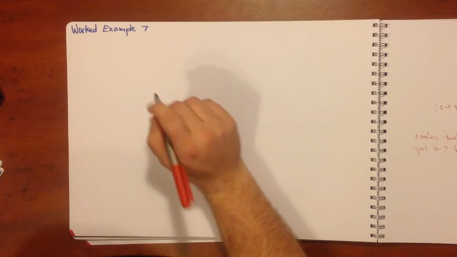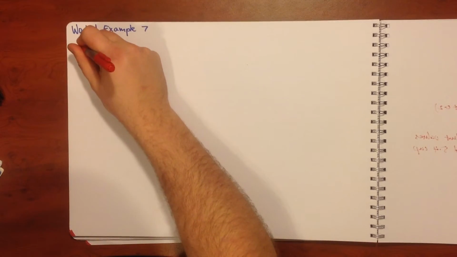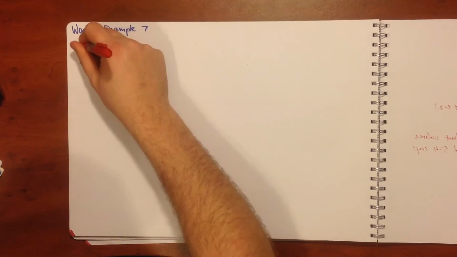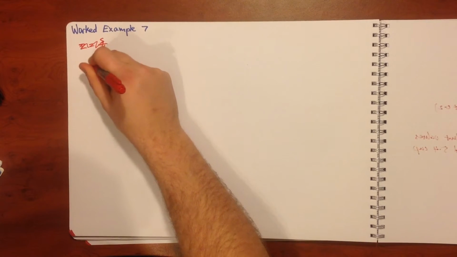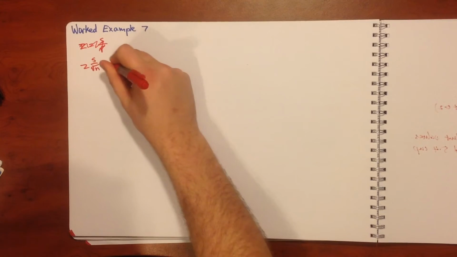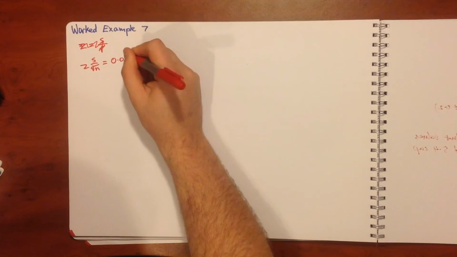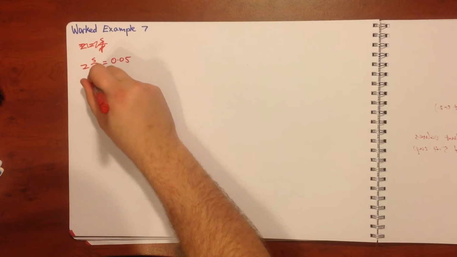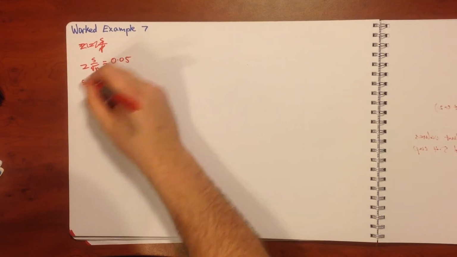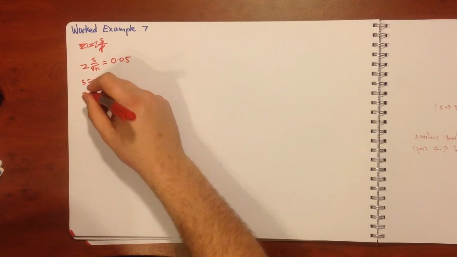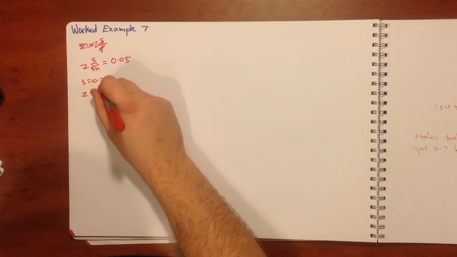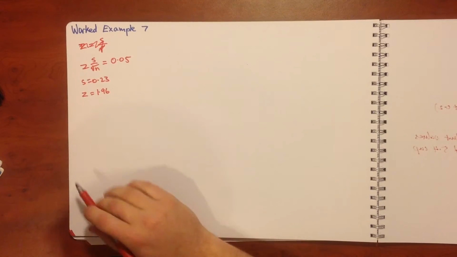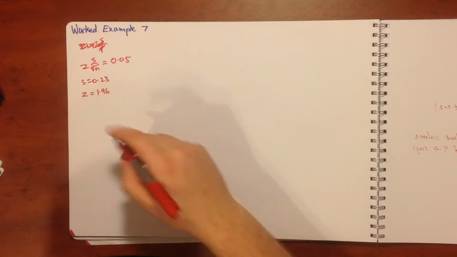So what we're saying then is we want Z times our S on the square root of N to equal 0.05. Now we know that our S was equal to 0.23, and our Z is fixed at 1.96. So we can rearrange to find our number of samples we need, or our sample size.